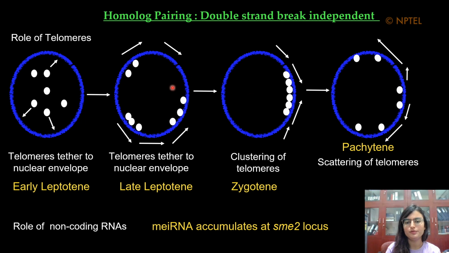This clustering of telomeres is completed during the zygotene stage, as you see here, and during the pachytene stage, the scattering of telomeres starts. In plants and vertebrates, telomeric interaction leads to the formation of a bouquet structure, also called the RABL orientation, where telomeres tether to the nuclear envelope.